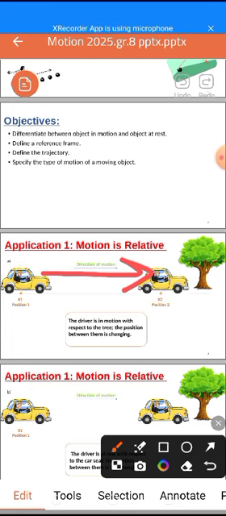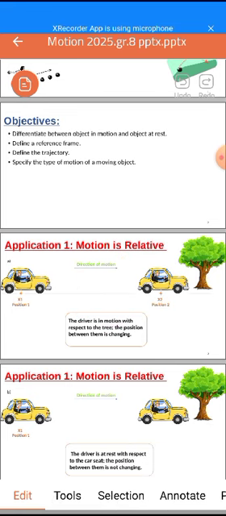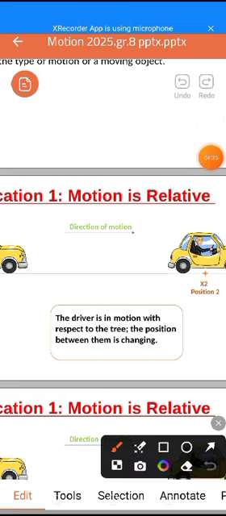He's in a car and he's driving it. He's coming closer to the tree. So the object is the driver. The reference frame is the tree. The position between them is changing. Then the driver is considered in motion with respect to the tree. So here, what's written is the driver is in motion with respect to the tree.